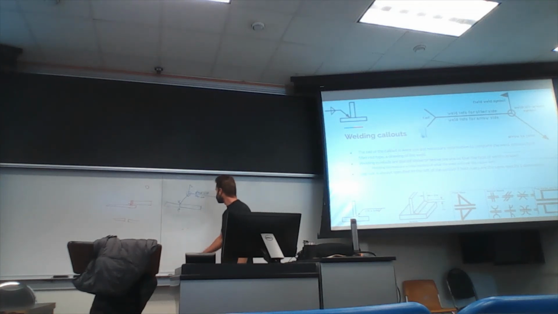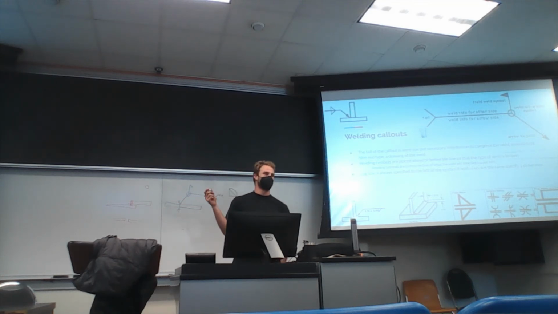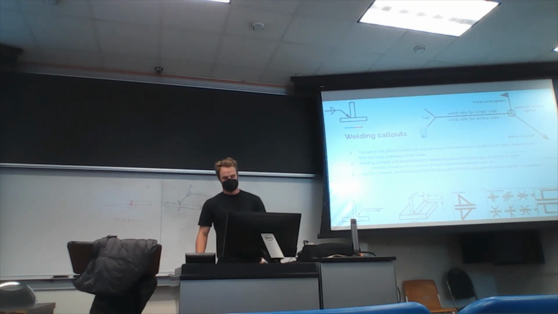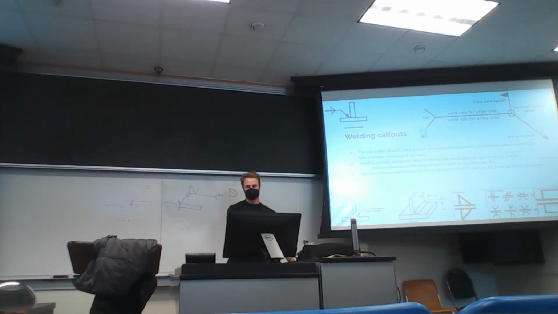So if I were to do it on my drawing, let's say we're welding these two plates together, and we want to do a beveled groove, you would do that right there. And that would be on which side of the weld? The other side. Right on.